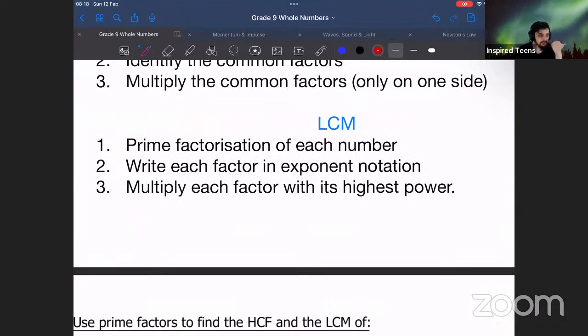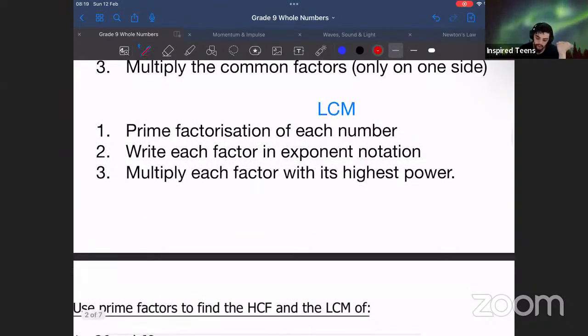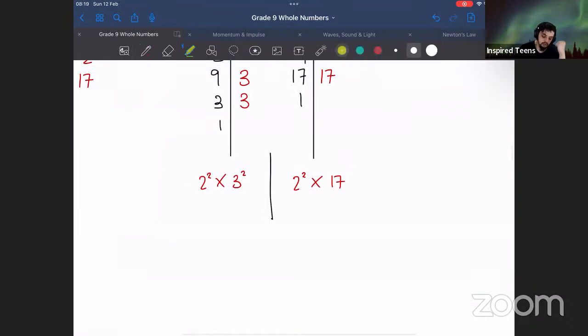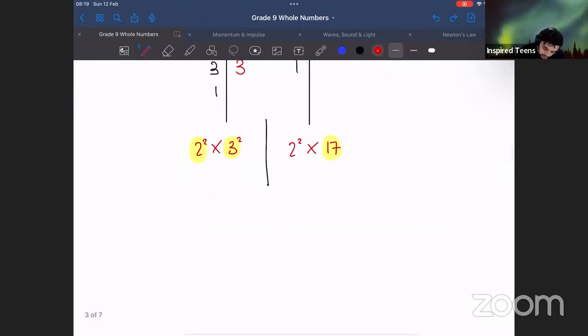Multiply each factor with its highest power. So what that basically means is you're going to look at all your factors. Okay, within my factors, I have a 2, I have a 3, and I have 17. Yes, I have a 2 there as well, but I'm looking for each individual number. I am going to identify the highest power of each number, and I'm going to multiply those out. So for example, 2, its highest power is a square. So I take the square.